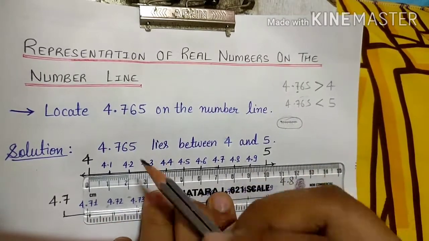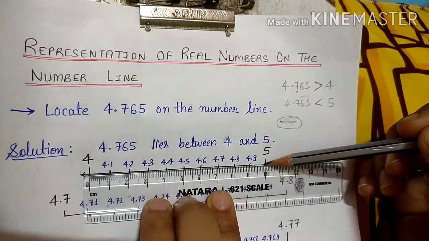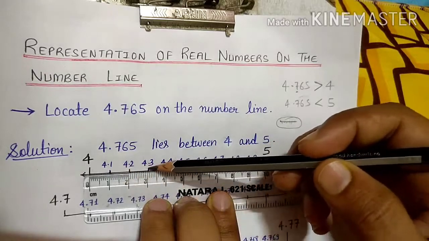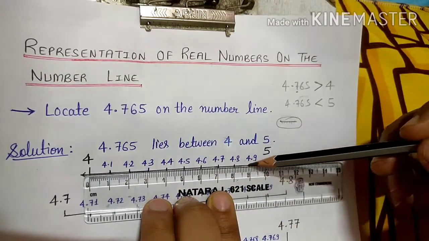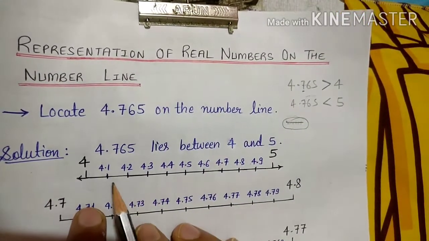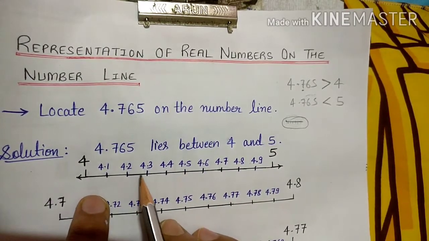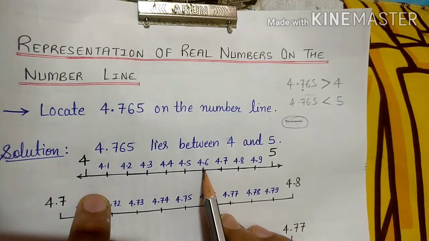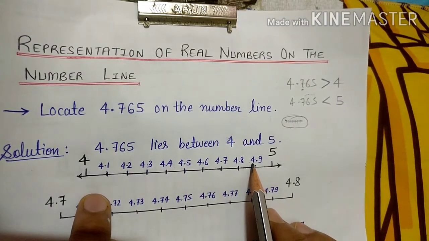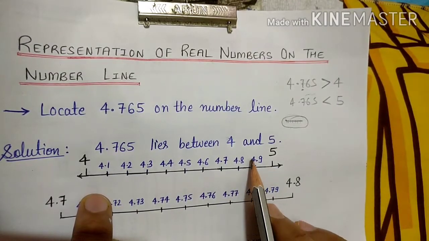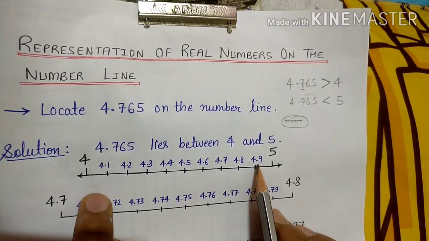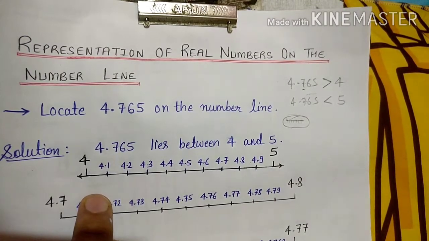Like you can see here, I have taken 4 here and 5 here, and between them 1 2 3 4 5 6 7 8 9 10 marks. You can see 4.1, 4.2, 4.3, 4.4, 4.5, 4.6, 4.7, 4.8, 4.9, and I will not write 4.10 because if we add 0.1 to 4.9, it becomes 5 only.